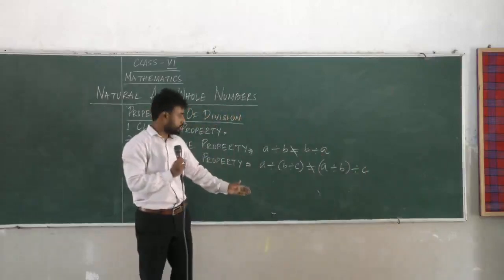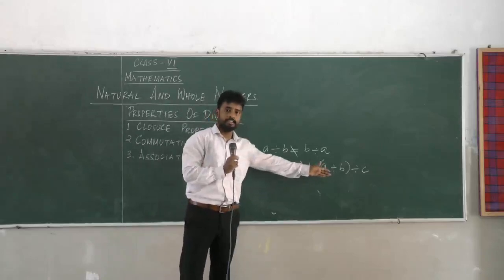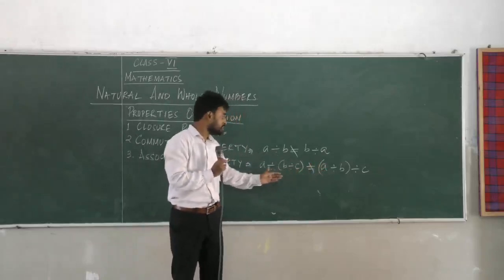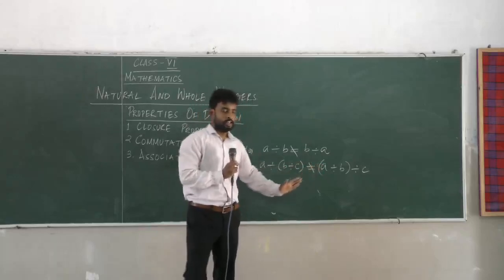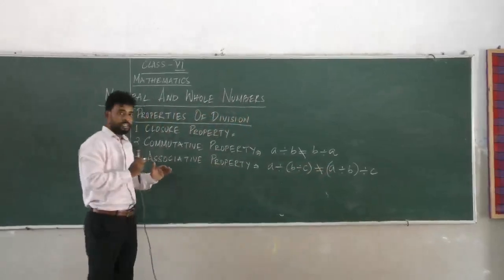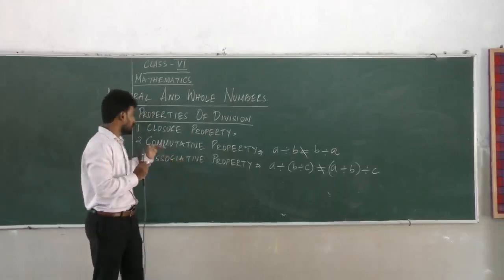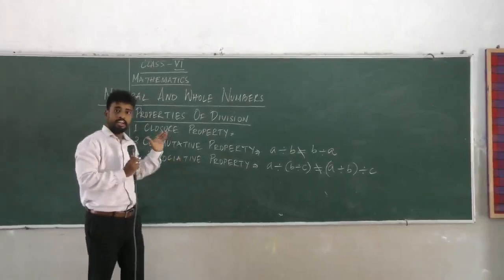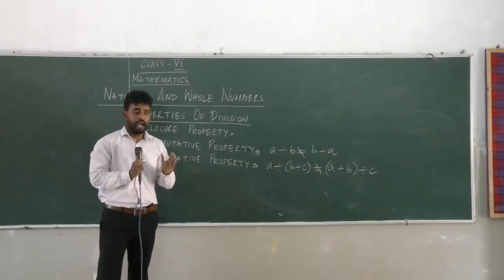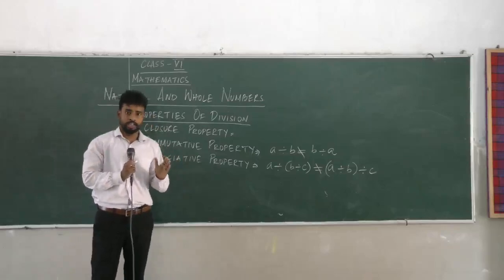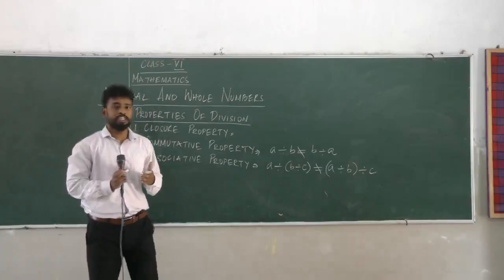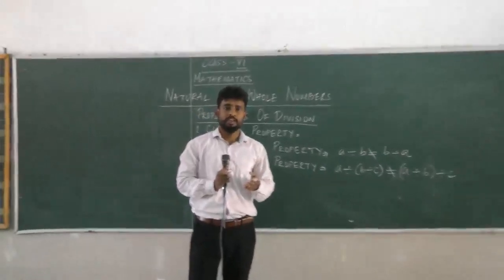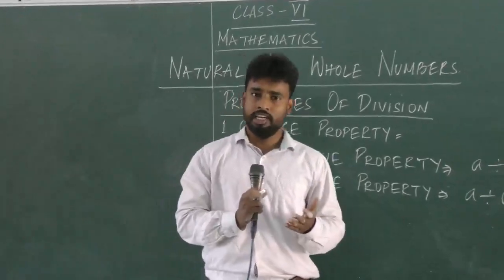You can take values and you can analyze this, you can find out the result, and you will see that this left hand side will not be equal to right hand side. So therefore we understand that division of whole numbers are not closed, they are not commutative, and they are not associative as well. So we learned about the various properties of addition, subtraction, multiplication, and division.